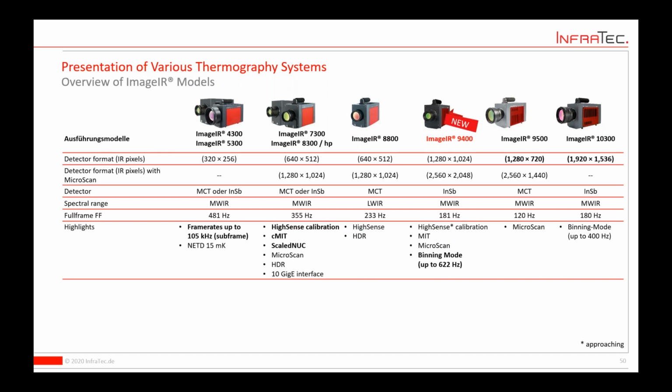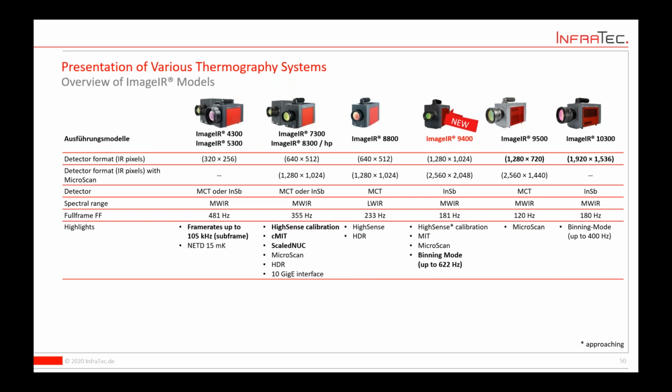So here's an overview of the models and their typical performance features. You see the variety is a little bit wider than for the VarioCam series. There are models like the ImageIR 5300 that are really focused on absolute high-speed acquisition, up to 100 kilohertz in the subframe, but we also have the current top model, the ImageIR 10300, which is currently the largest resolution you can get on the commercial market.